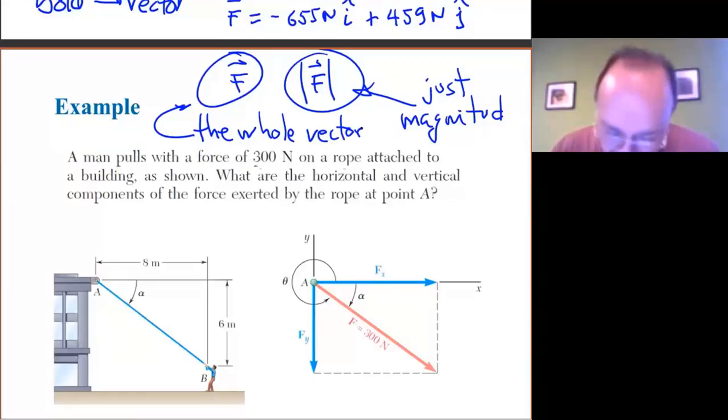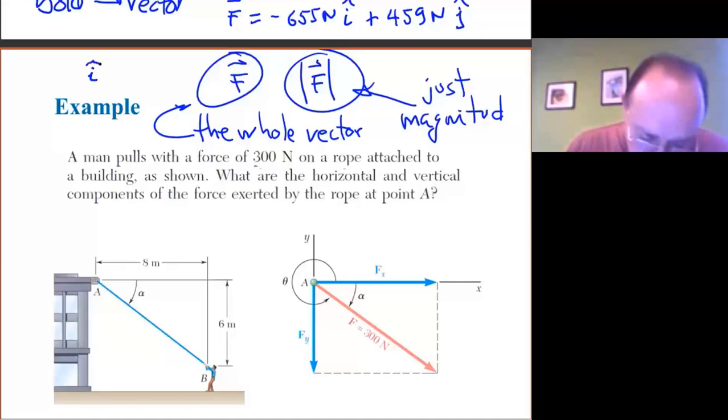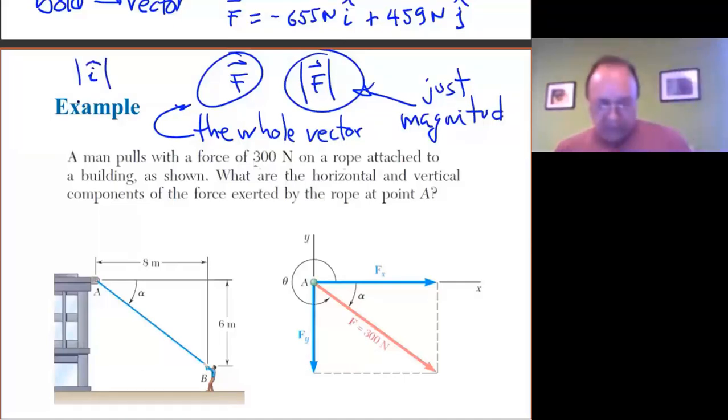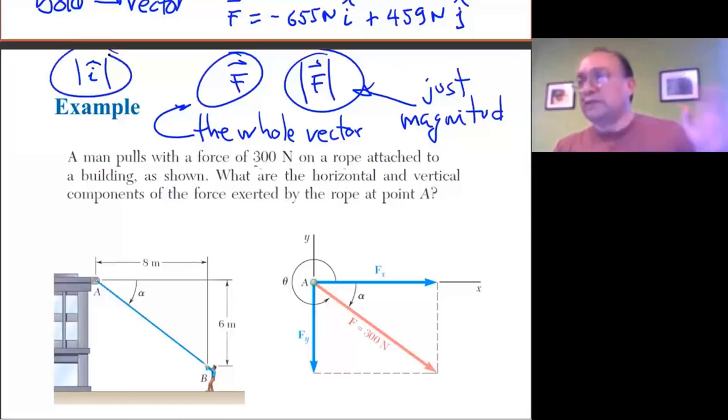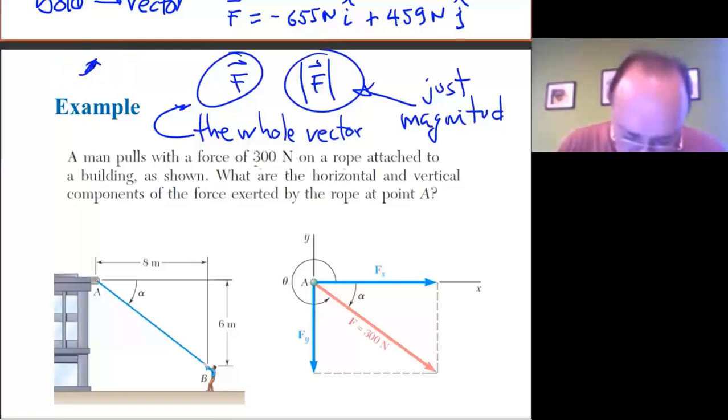If I write this, what do you understand? 1. Just a number 1. It's just a number 1. Right? It doesn't have direction, it doesn't have anything. What if I do this?